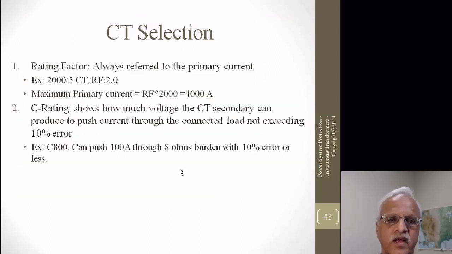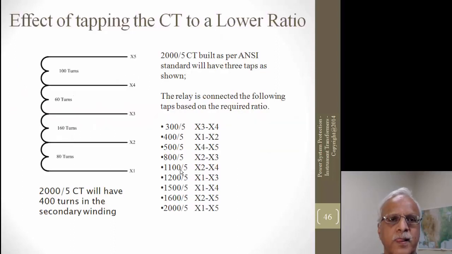Okay. As I mentioned, for CT rating always use the maximum continuous current flowing through the CT, and then make sure that you have adequate burden rating to push fault current through your burden. Then you have to look at the effect of tapping the CT to a lower ratio.